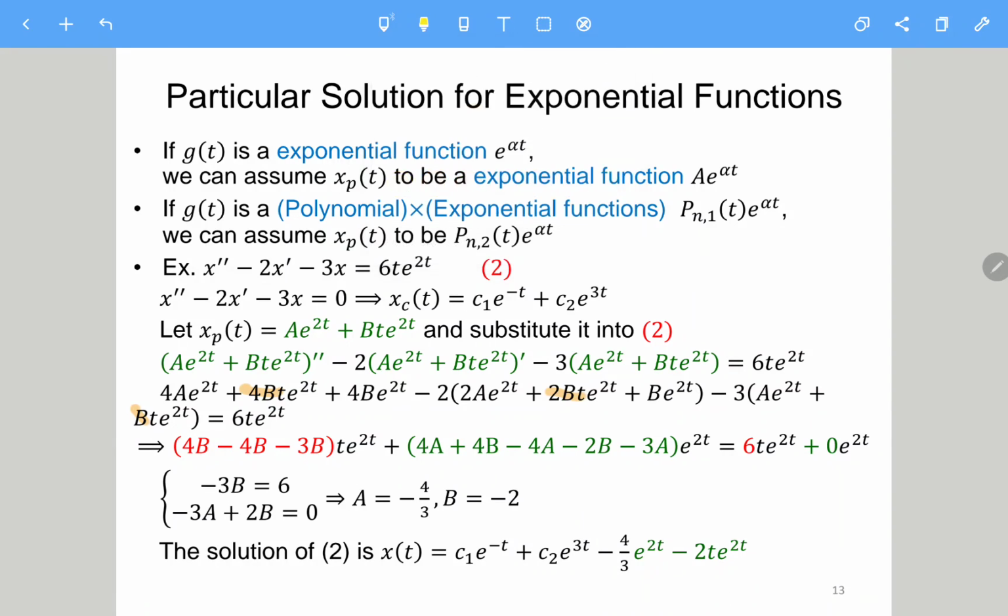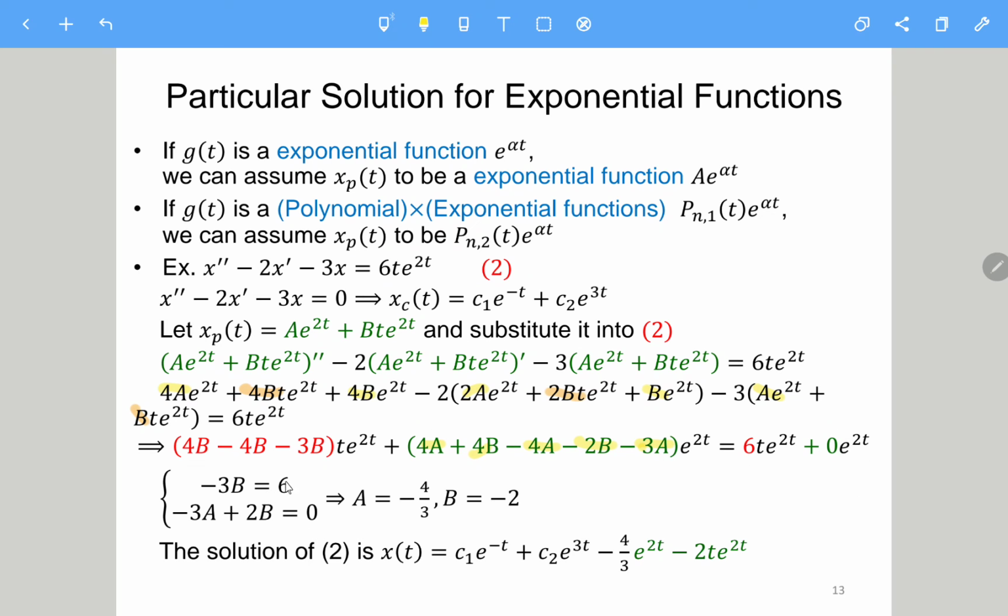And then here 4a is this one, 4b is this one, minus 4a, and then minus 2b, and then minus 3a. So we collect all the terms, and then both sides should equal to each other so that the coefficients should match, which means that this parenthesis should be 6, and then this parenthesis should be 0.